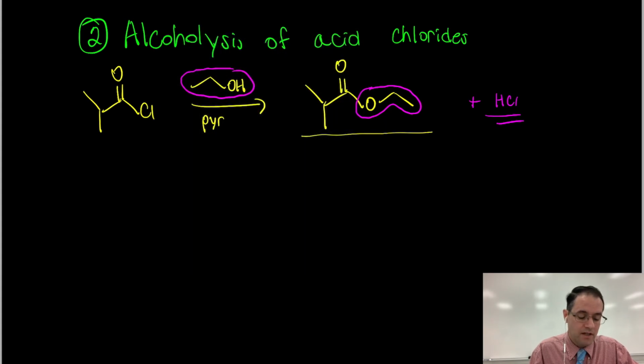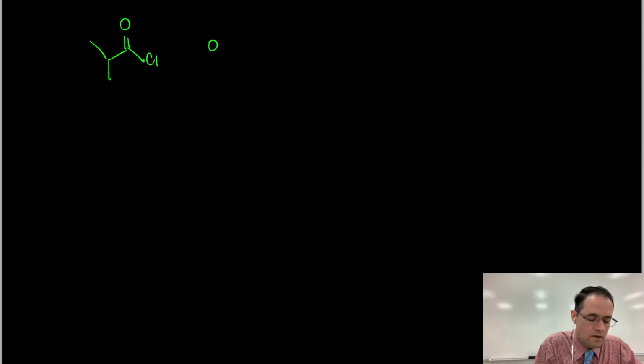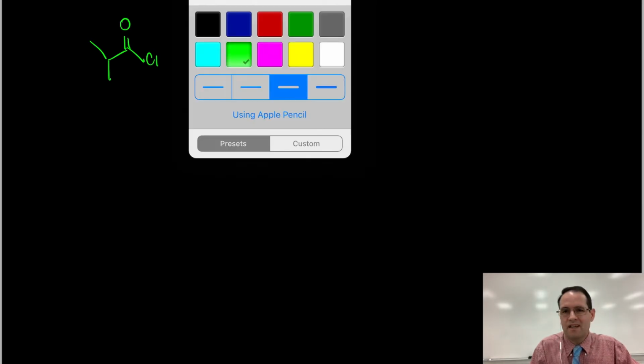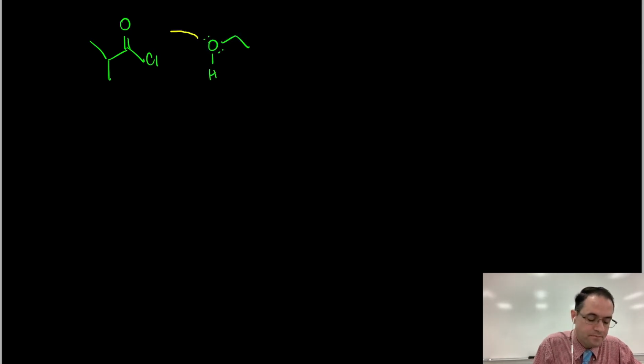So how does this reaction work? The reaction mechanism is very similar to what we had with alcohols, okay? So in the first step, let me draw it in exactly the same orientation. In the first step, we're going to have ethanol be a nucleophile, okay?